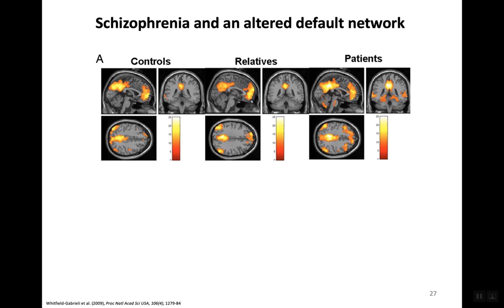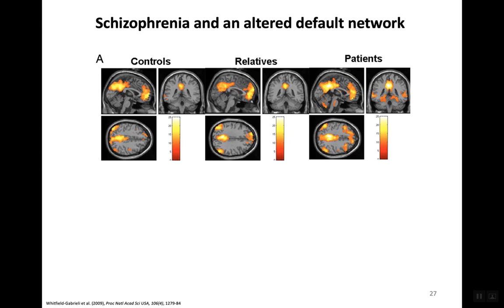However, critically, they found overall more activation within the default network, and overall ampler, a wider recruitment of large swaths of cortex within the dorsal and frontal lobes in patients and their relatives with respect to controls.